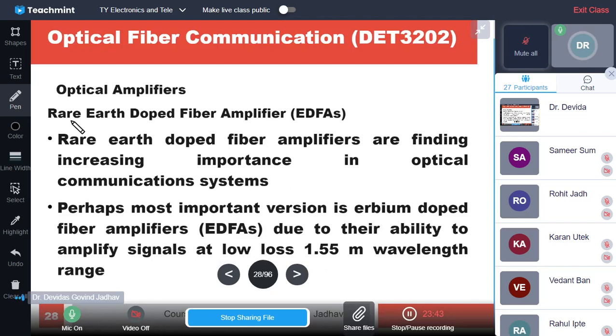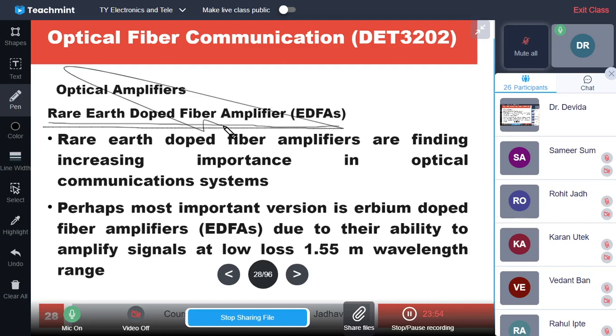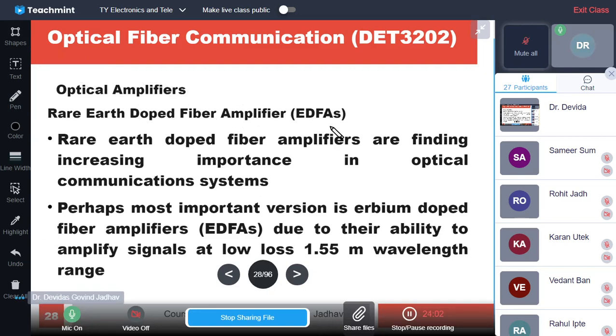Rare earth doped fiber amplifier. Okay, rare earth doped fiber amplifiers, EDFA.